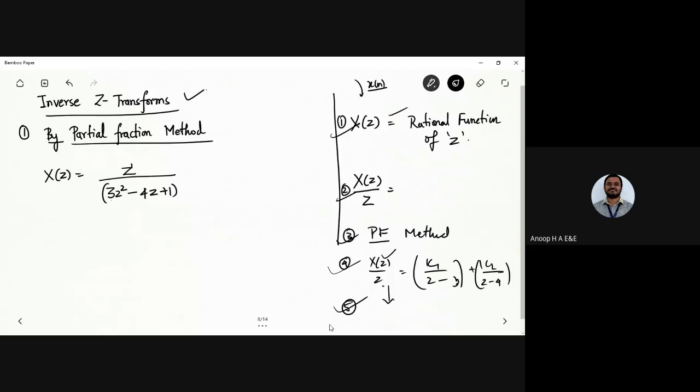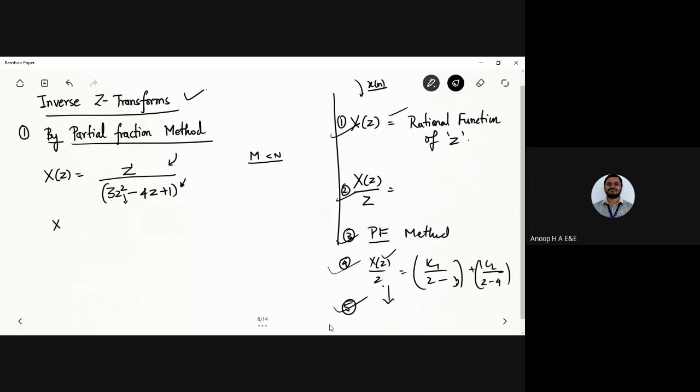This is z power 1 and z power 2, so the power of the numerator polynomial, let me take it as m, is less than n, the power of the polynomial in the denominator, 3z squared minus 4z plus 1. The numerator is z here. So I have m less than n.